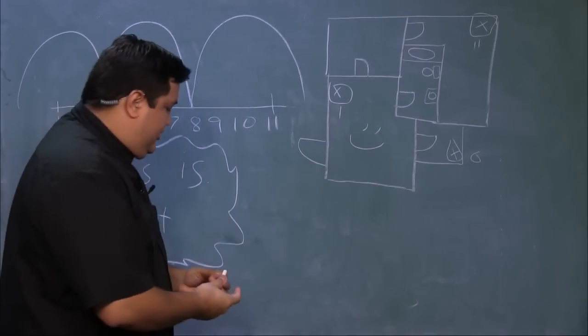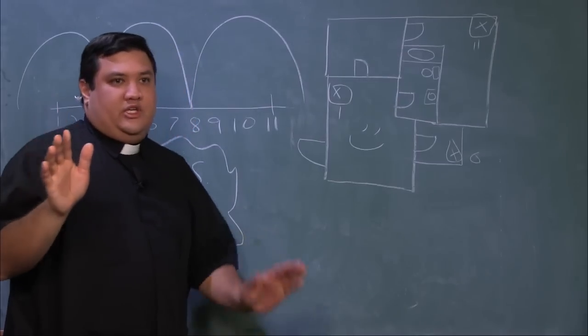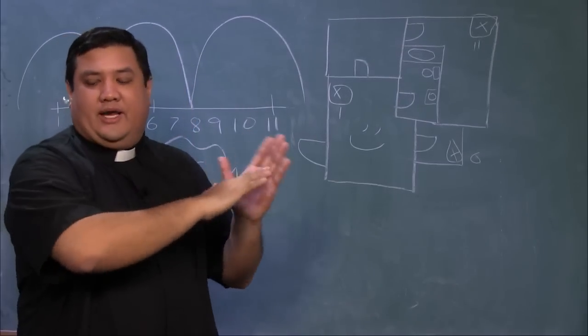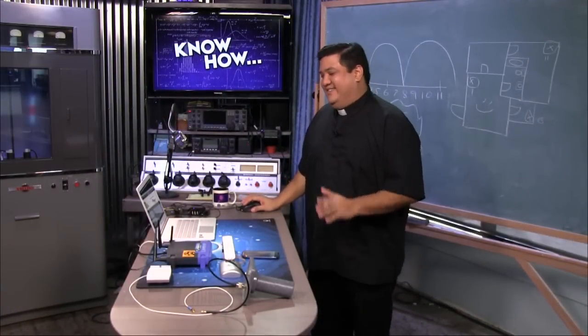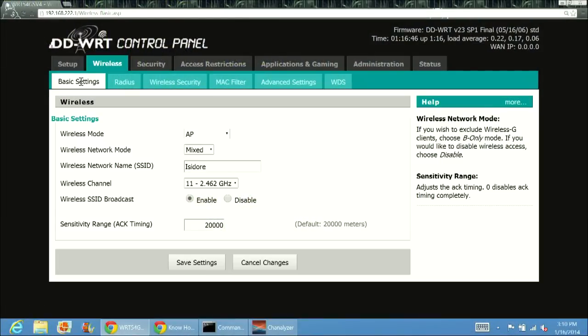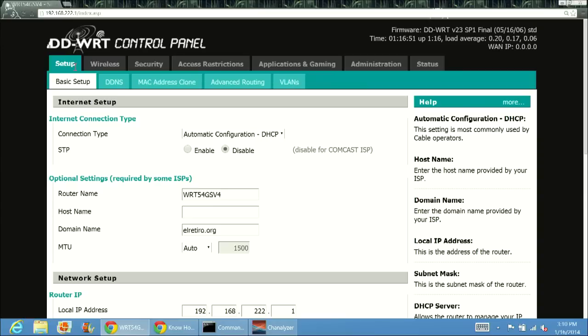That's how that works. Now, there is one little trick that you're going to want to know before you start buying extra routers to toss into your home, and that is turn off DHCP. I cannot tell you how many times I've walked into a family member's house and they've turned on DHCP on all their routers, which means every time it moves from one room to the next, one AP to the next, it has to renew its DHCP address.